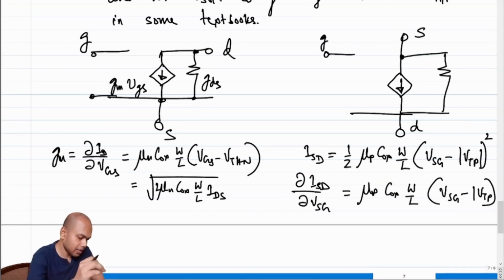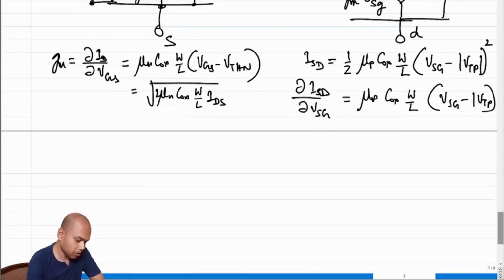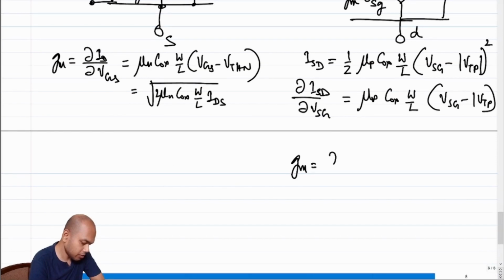So the current direction, if we keep it the same way, the current between source and drain is GM times VSG, correct? Because note that GM in this case we are defining as dou ISD by dou VSG, correct?